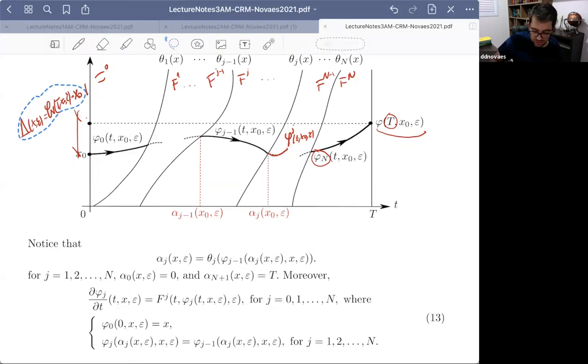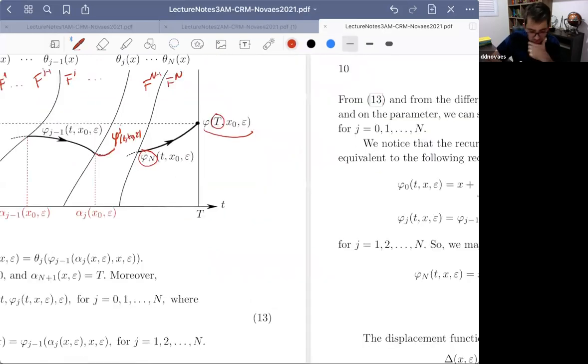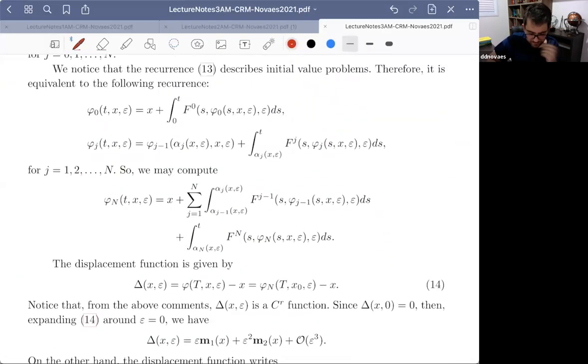And I want to expand this displacement function around epsilon equal to 0. Using the integral characterization of these solutions, we can write the solutions of the recursively defined sequence of difference equations like this. The last one is given by this integral. When we solve this recursively, we see that phi n, the last piece of the trajectory, is equal to x, the initial condition, plus a sum of integrals.